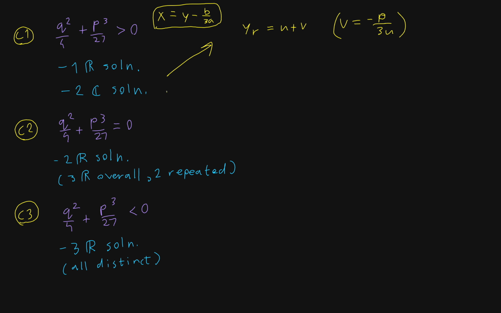And then your complex solutions, I'm going to do y sub c. This is going to be equal to u. I'm going to represent these in polar form. e to the plus or minus 2i pi over 3, plus v times e to the minus or plus 2i pi over 3.